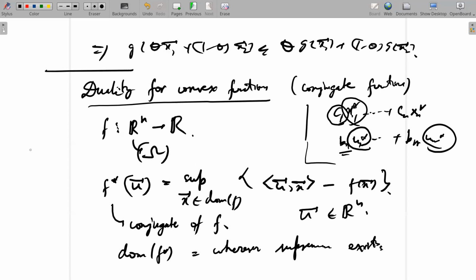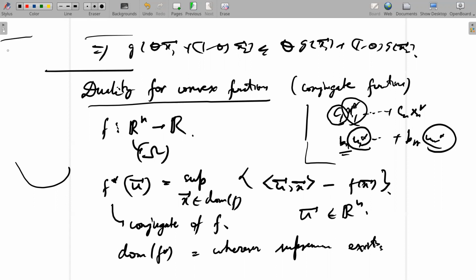So the epigraph is always going to be convex, in the sense that you have the graph here, and the rest of the way it is just plus infinity. So in that case, you don't have to worry about what the domain is. For example, here, instead of saying the domain of f star is wherever the supremum exists, I could have just written the domain is all of Rn, but wherever the supremum does not exist, you define it to be infinity. So all these are just some sort of notational jugglery.